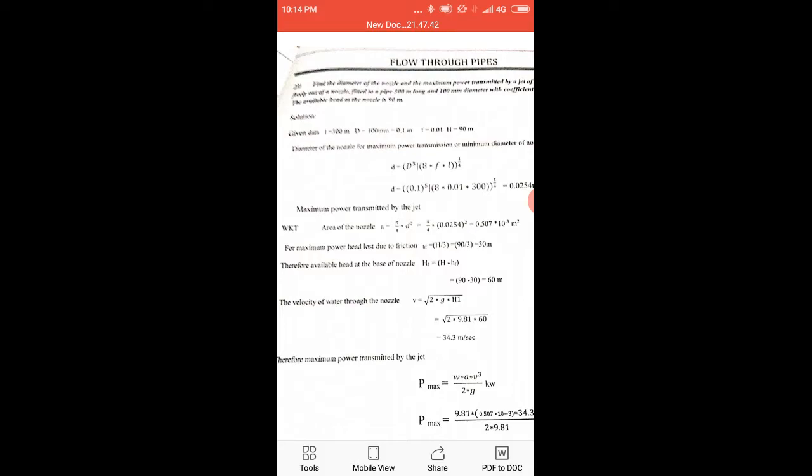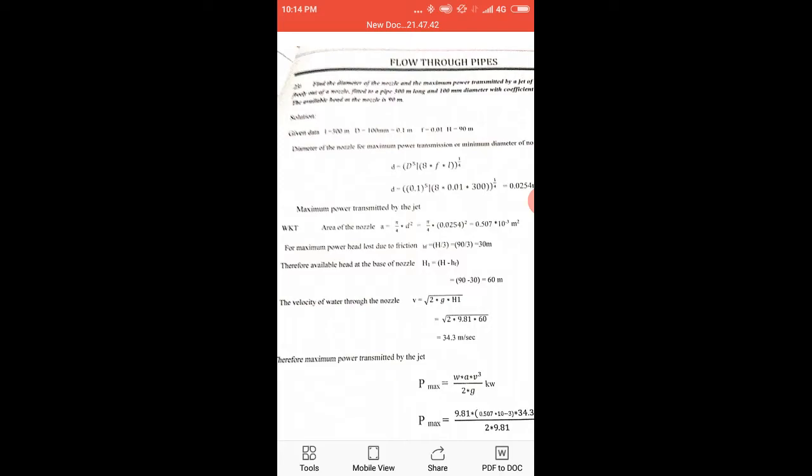So here the given data is L equals 300 meters, D equals 100 mm, that is 0.1 meter, f equals 0.01 and H equals 90 meters.